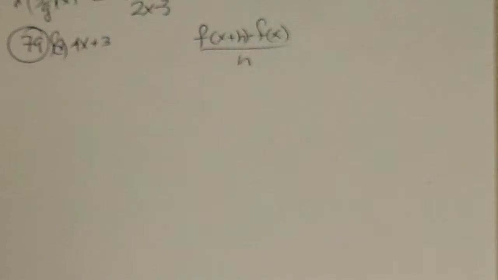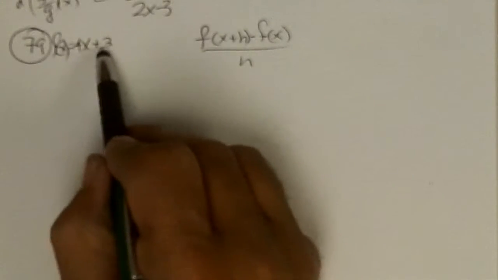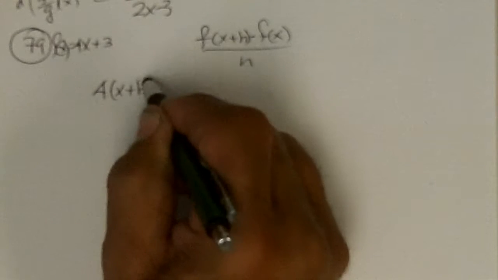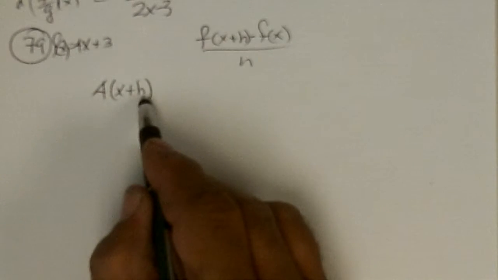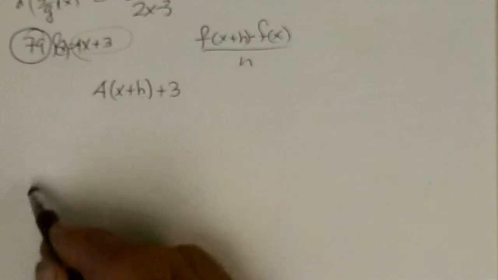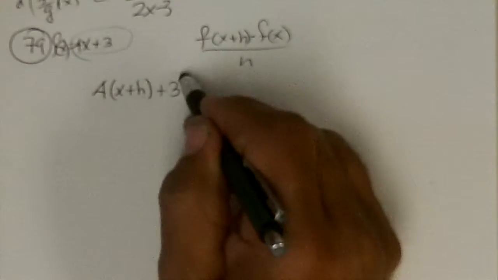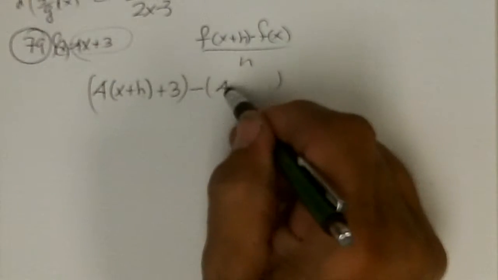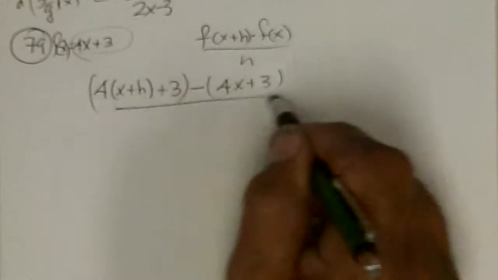Quotient means divide, and so we're going to put x plus h into x in this, and so we're going to get 4 times x plus h, x is replaced with x plus h, plus 3, that's x plus h put into this, minus f of x, so that's 4x plus 3, over h.